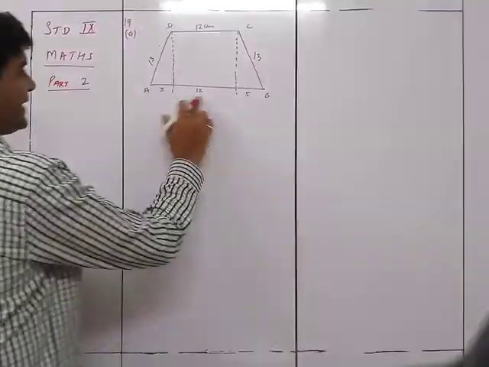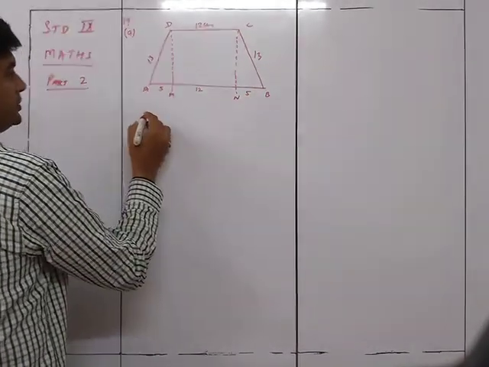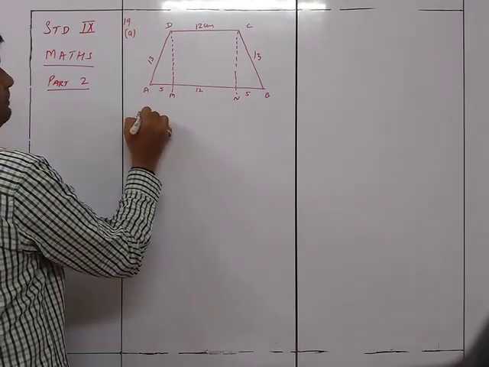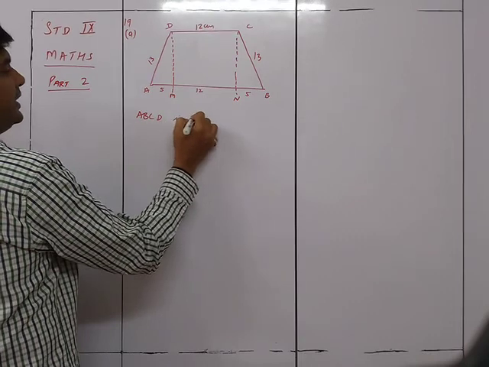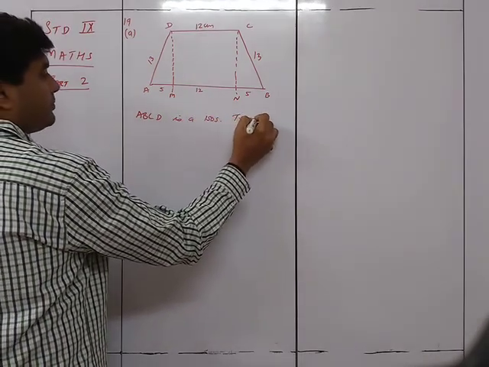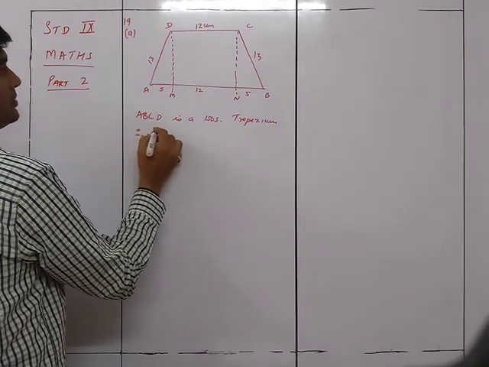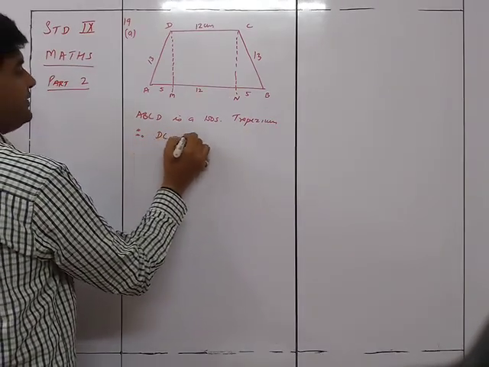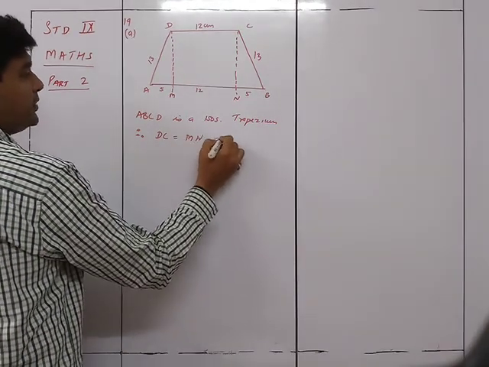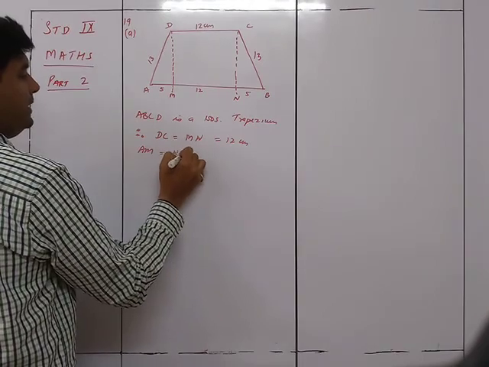So first of all, we'll write down this part over here by putting some M and N over here. So we say that ABCD is an isosceles trapezium. Therefore, DC is equal to MN is equal to 12 centimeters and AM is equal to NB.